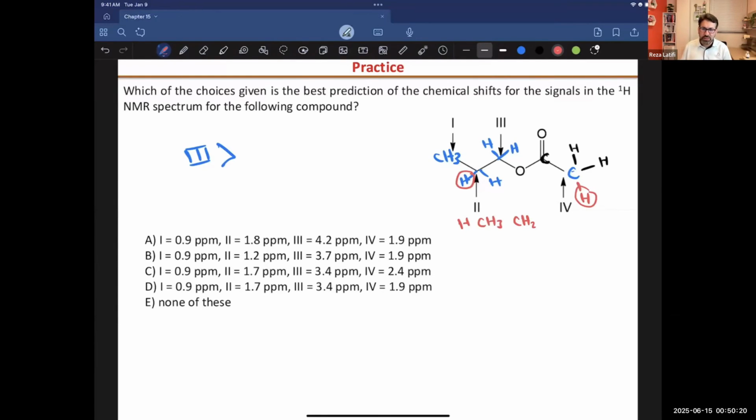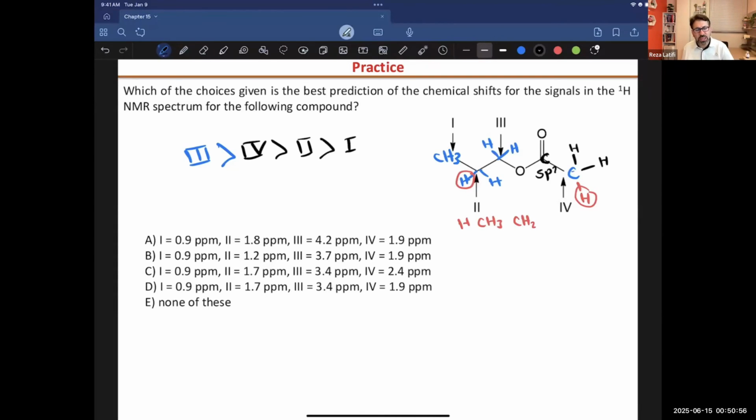So you might say one has 2 carbons instead of hydrogens, so maybe you should go with that one. But we also have to check the hybridization. This one is sp2, while those 2 carbons are sp3. So I'm going to say number 4 is going to have a higher chemical shift than number 2, and number 1 is going to have the lowest.